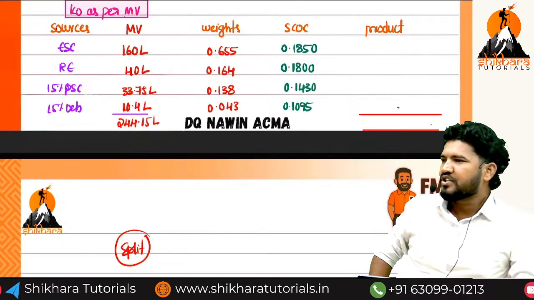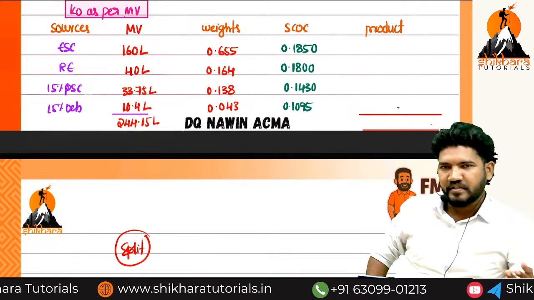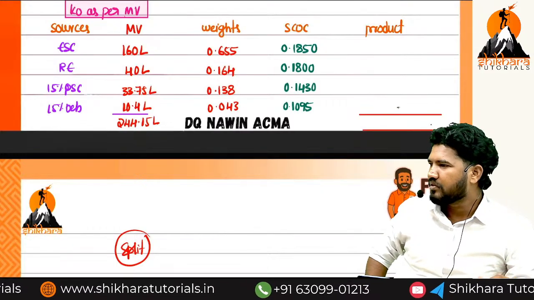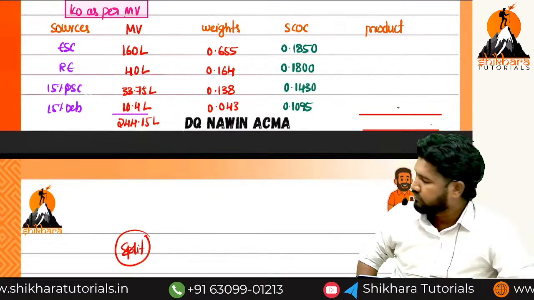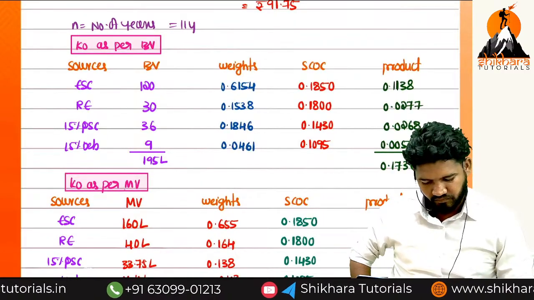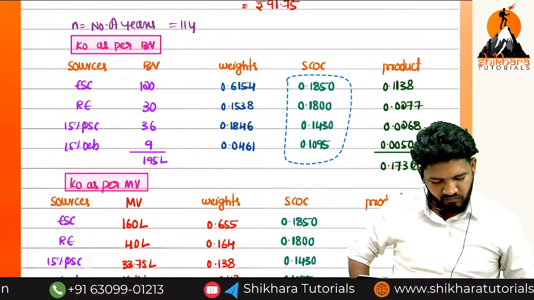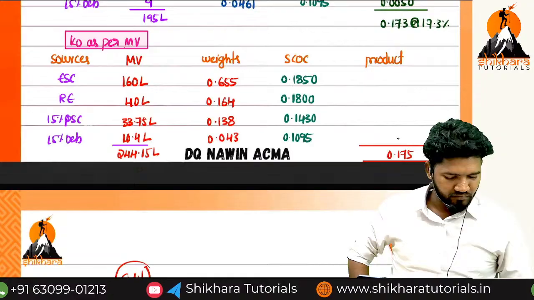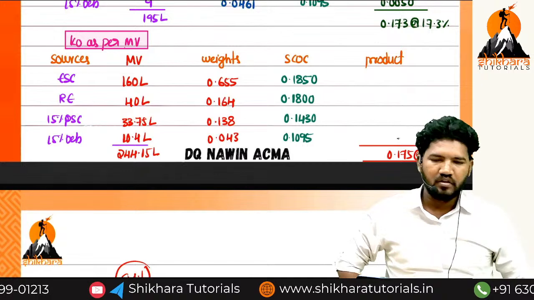But in the above problem it changed because of the information given. Nana, don't get confused. In the previous problem, information was given, so we changed KE. Here nothing is mentioned, so the specific cost of capital is the same. 17.5%. Clear, sir?